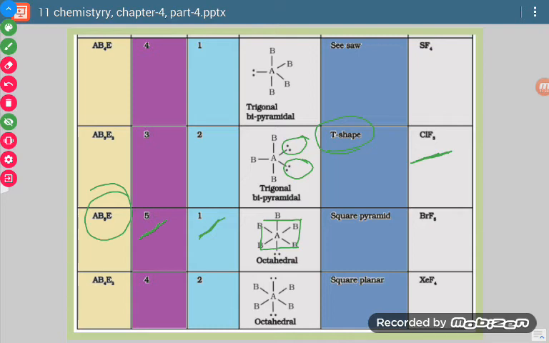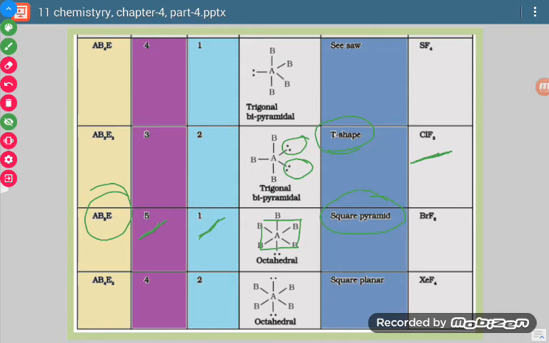Now in this case, when the number of electron pairs acting as lone pairs keeps on increasing, we will take above the square and below the square as lone pairs. Now in this case, there is one lone pair, so we have taken one lone pair which is below the square. Okay, now if we see, its geometry is square pyramidal.